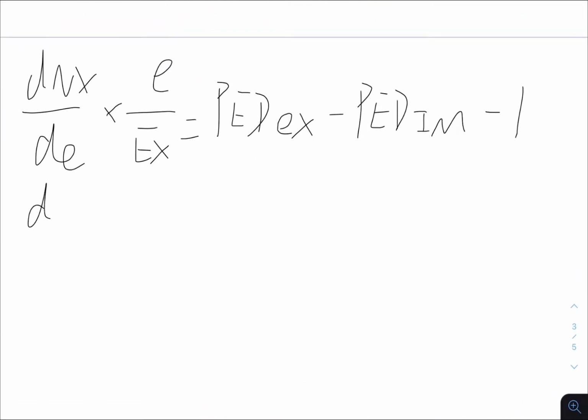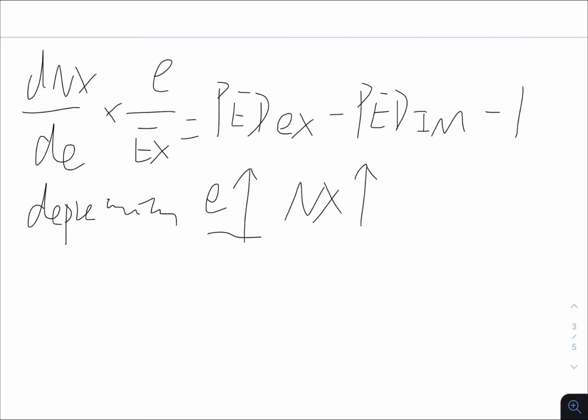Okay, depreciation, E increases. And according to the Marshall-Lerner condition, then export will increase. So we can see that.